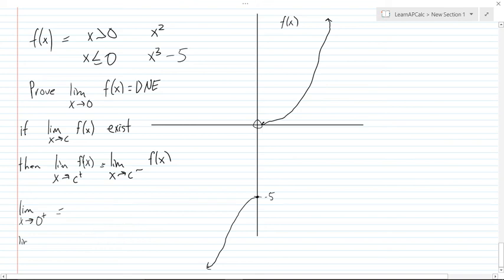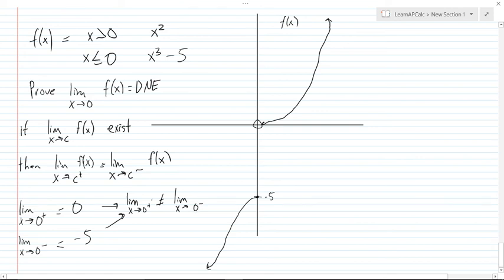And limit as x goes to 0 from the left. Here we're going to get 0, -5. And so we can see that the limit as x goes to 0 from the right is not equal to the limit as x goes to 0 from the left.